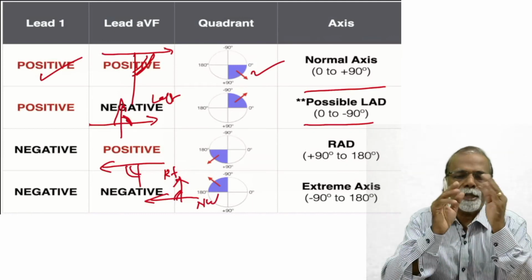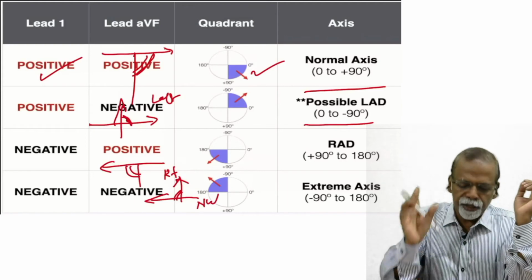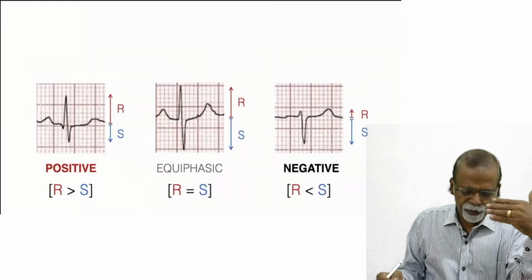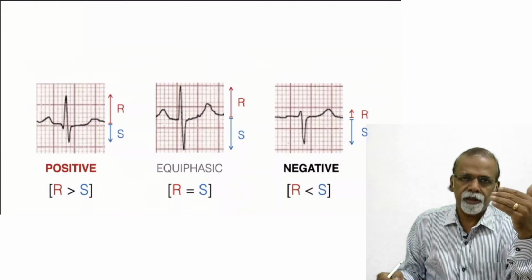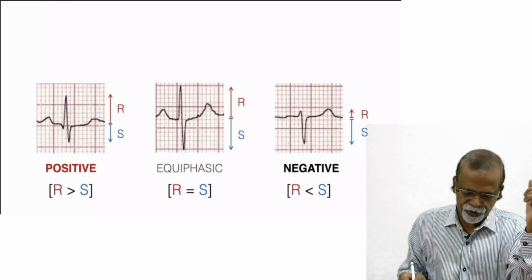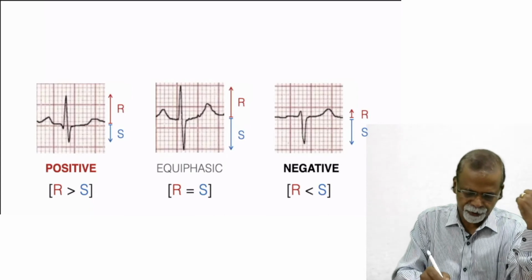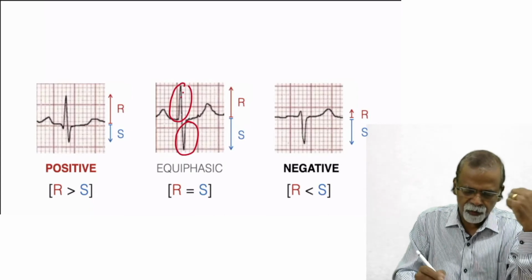Hope the points are clear to you. So by just looking into 2 leads, you can identify the axis as a rough estimate. A little more accurate method is the equiphasic deflection, but to identify the perpendicular lead, you should be thorough with the hexaxial reference system. This is what I told you as the equiphasic deflection, that is, the R wave and the S wave are almost equal.